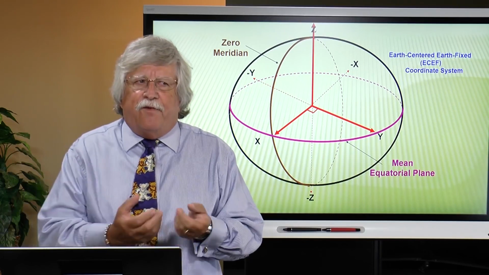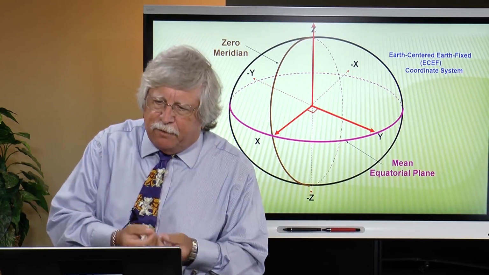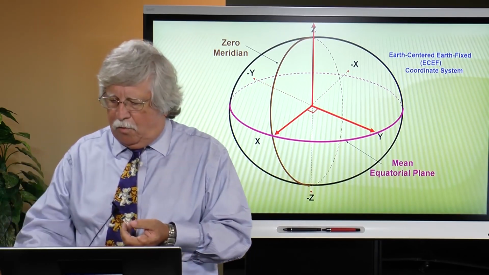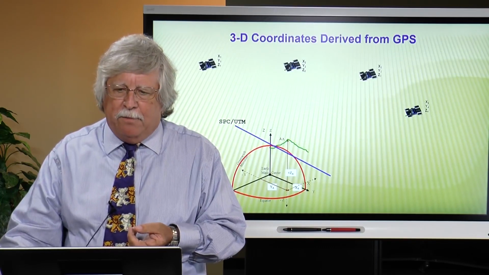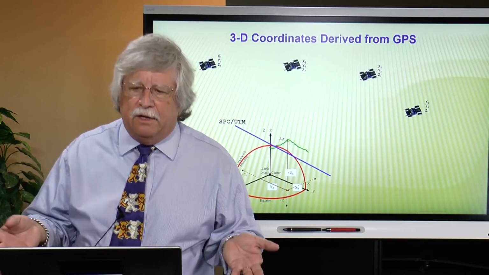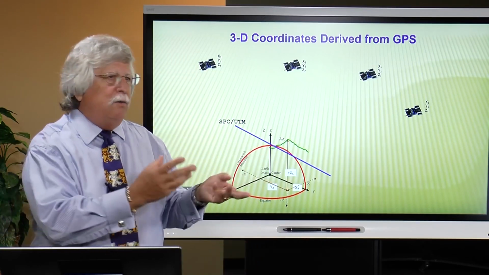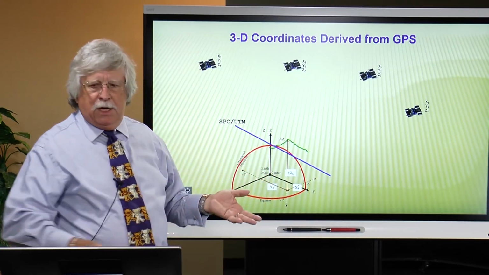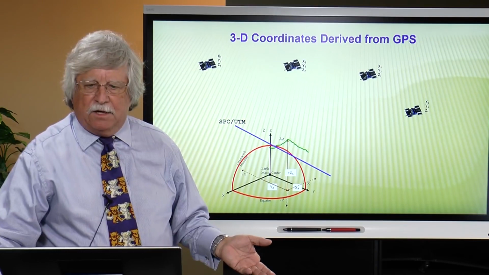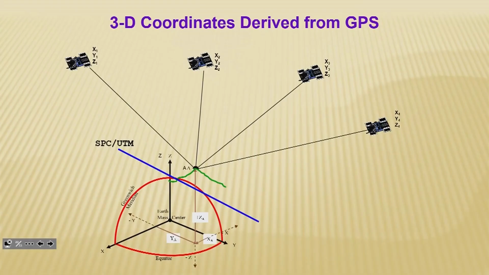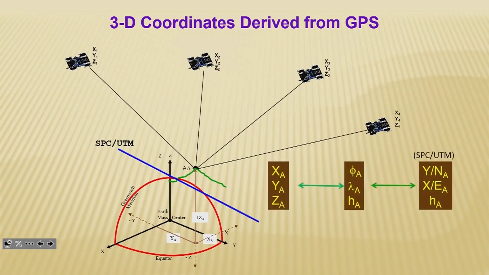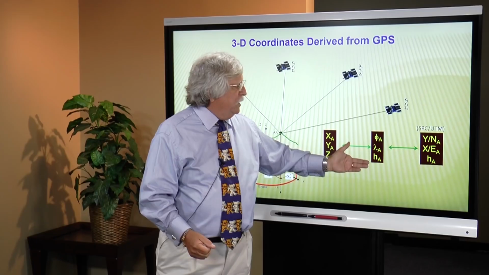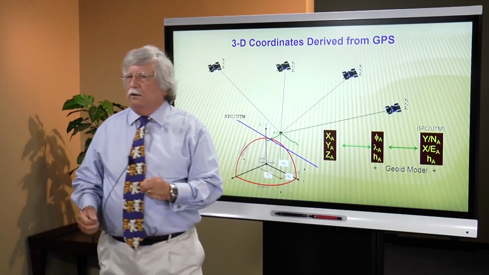So the user has to fundamentally understand the relationship of this X, Y, and Z coordinate system to one that might be more appropriate for use in your local environment. That is, how are we making a change from this X, Y, and Z coordinate system that was derived through our GNSS observations into one that is more appropriate for my use? That is, latitude, longitude, and ellipsoid height. And here you see the Greek letters phi and lambda.